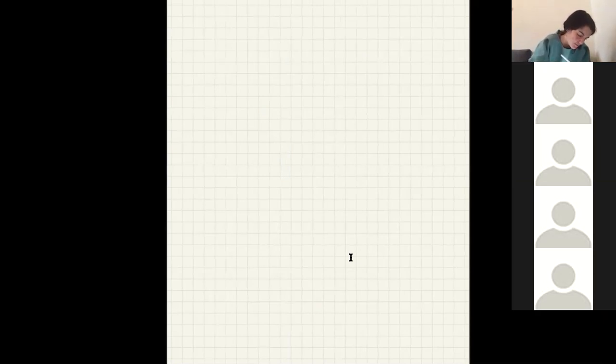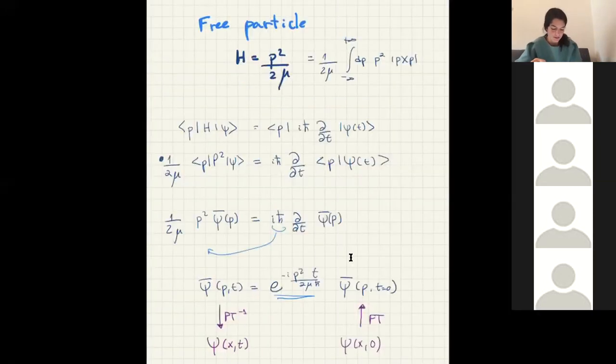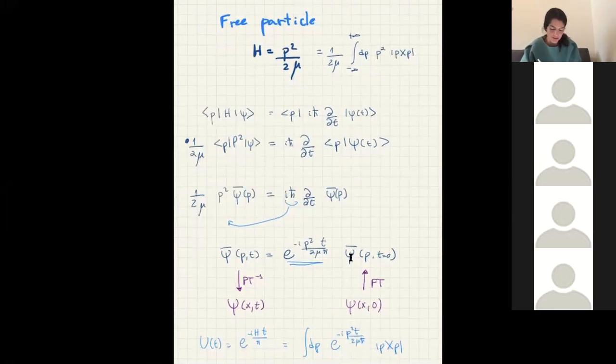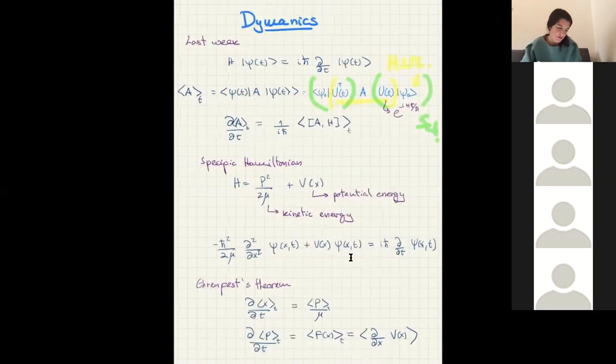Of course, we could do it. We already have the wave function, right? So we could just apply this directly, but we're going to go through this way.